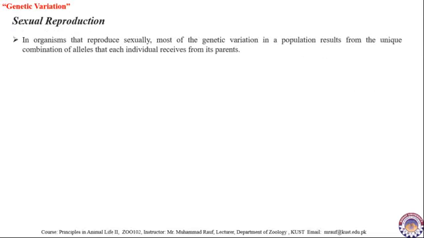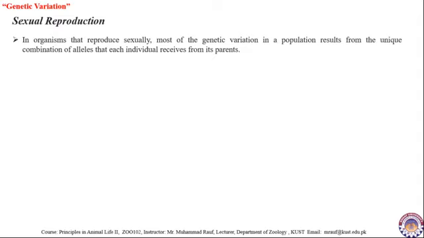Sexual reproduction provides another avenue for genetic variation. In asexual reproduction, exact replicas are produced. The advantage of asexual reproduction is that only a single individual has the capability to reproduce, but exact replicas are produced.